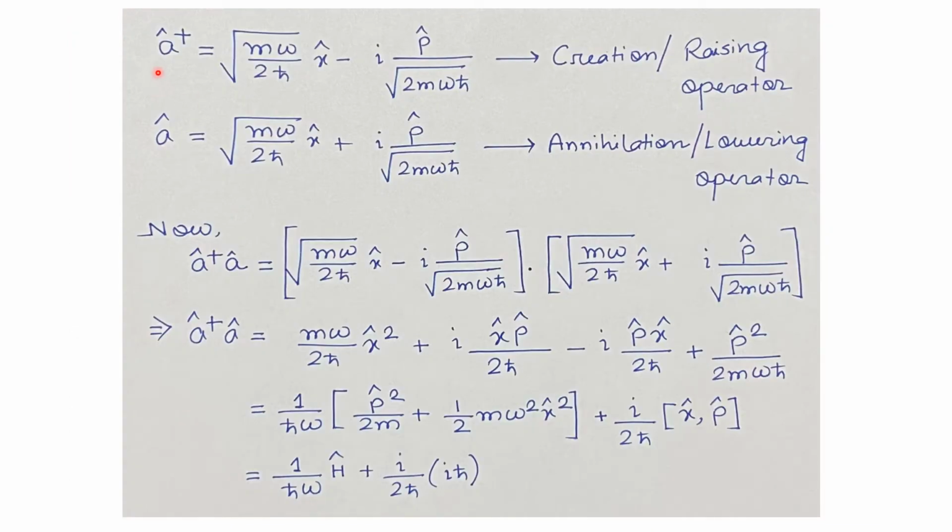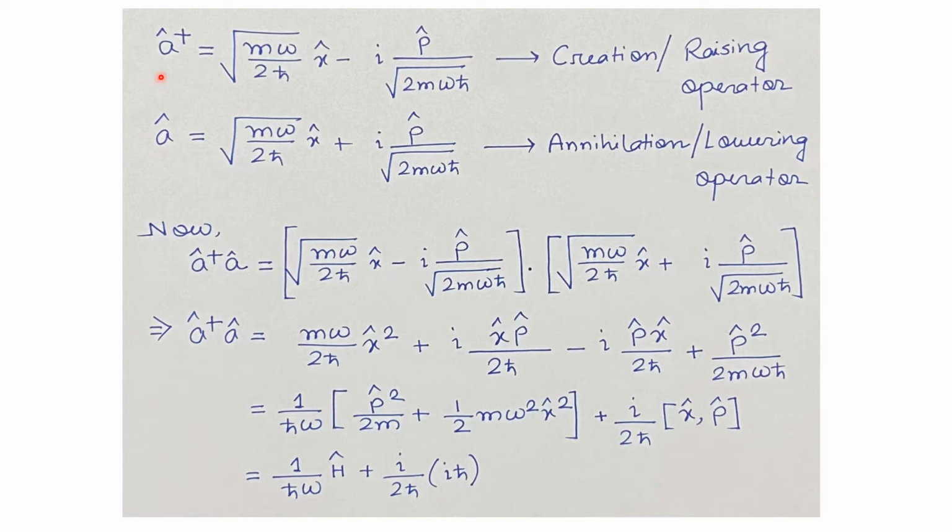The A cap dagger operator is known as creation or raising operator, and the operator A cap is known as annihilation or lowering operator. There is some significance to the nomenclature for these two operators A cap and A cap dagger. When the operator A cap dagger acts on a harmonic oscillator state n, it returns the state n plus 1.